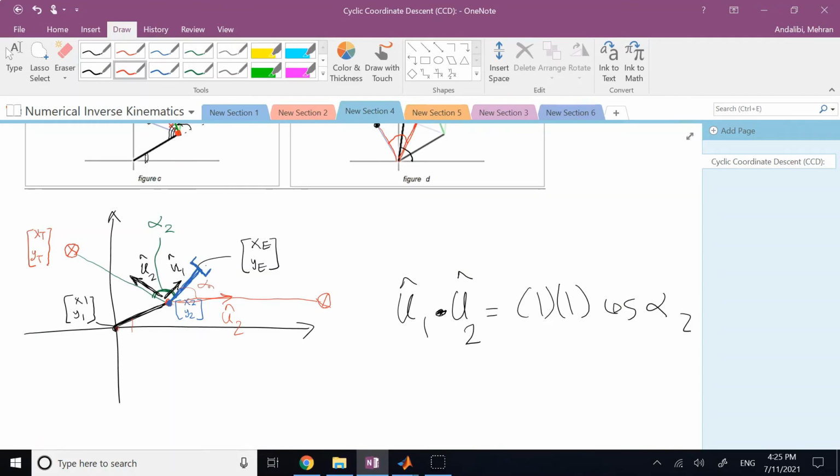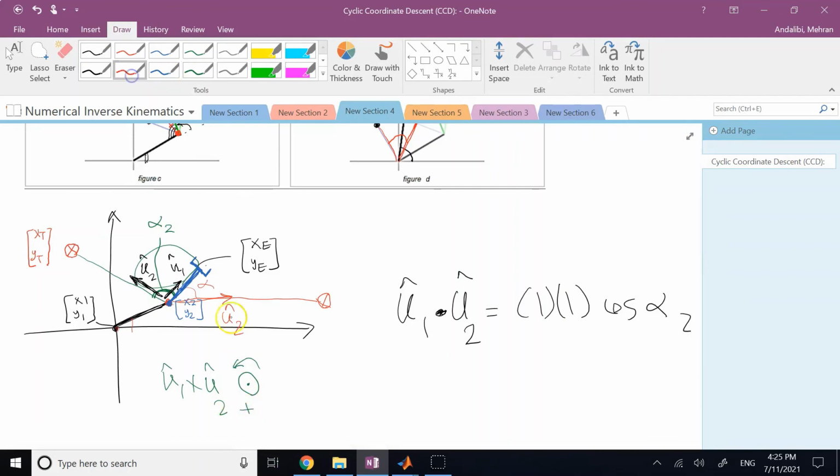Well, one thing you can do is look at also the cross product of the vectors. Here, if I say what is U1 cross U2 for this scenario, you clearly see it is going to be out of the plane toward you, which indicates a positive rotation.